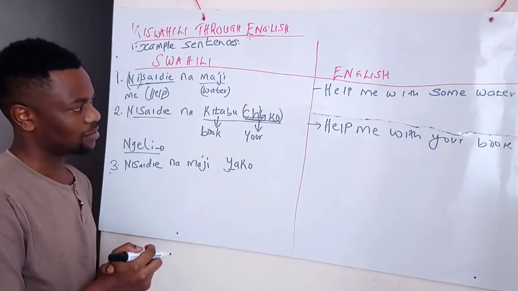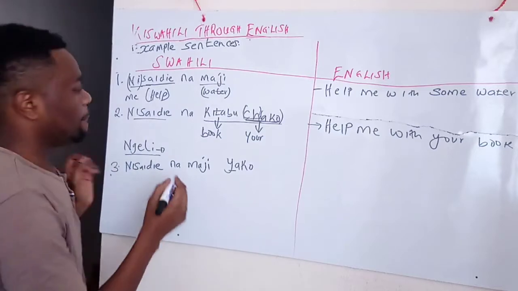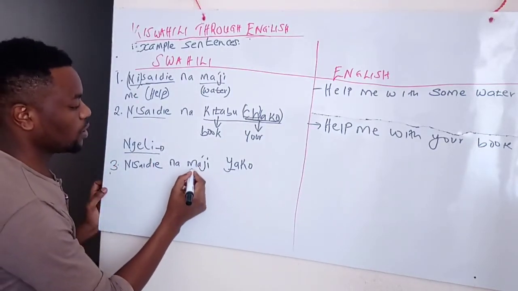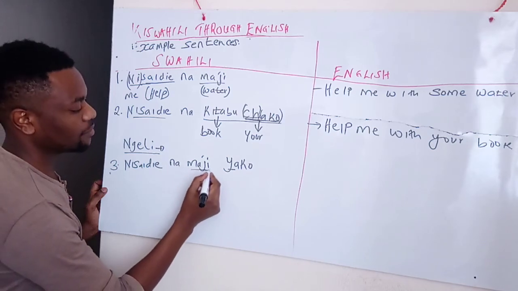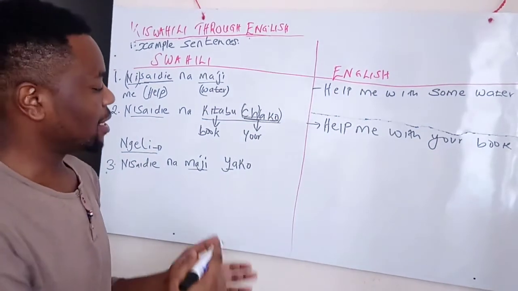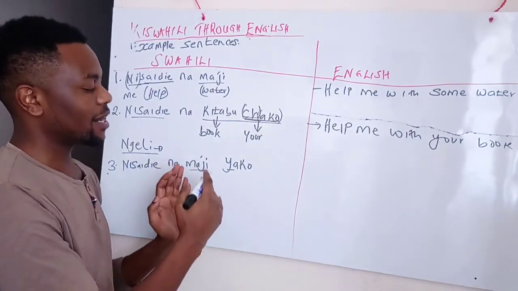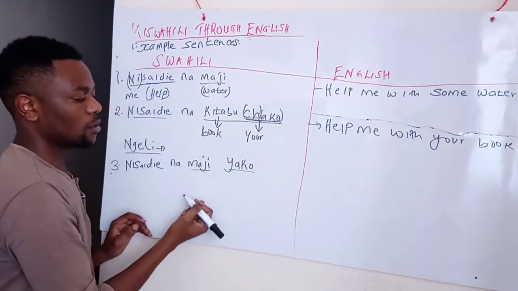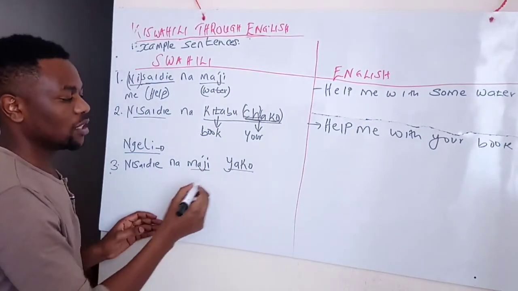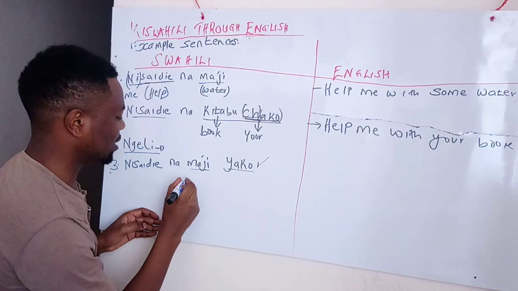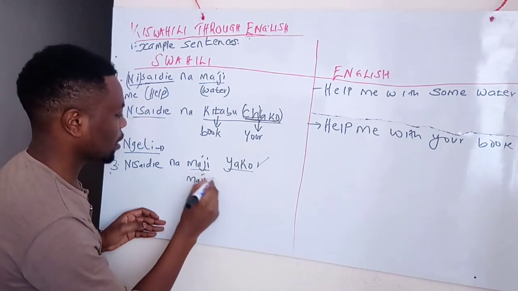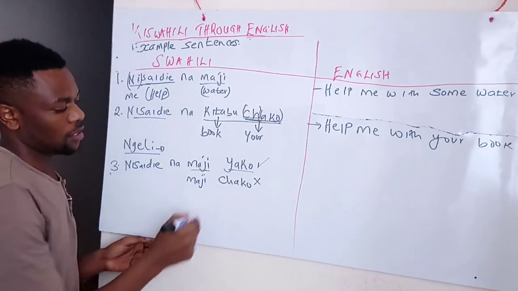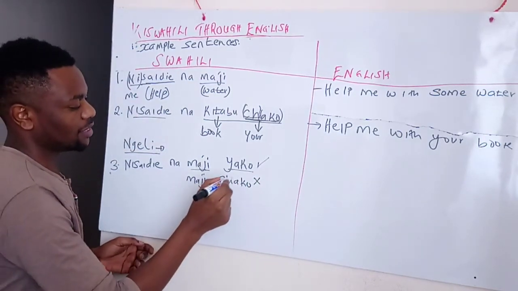The reason we have ngeli is that when you want to talk of water, maybe maji, there is a way that word must rhyme with what you are talking of in the statement. So maji yako, this is right, and maji chako, this is wrong. You should not say maji chako.